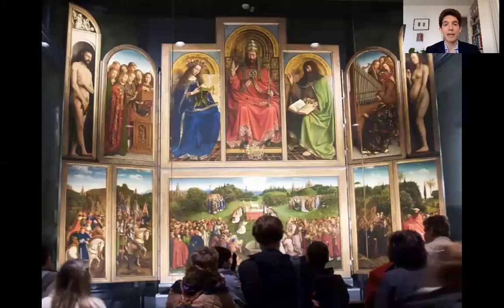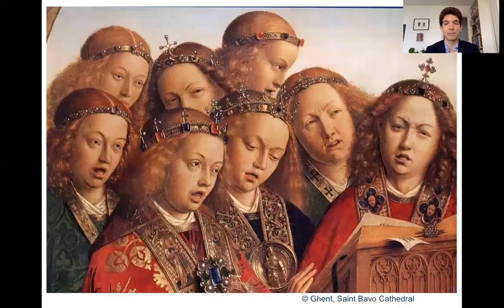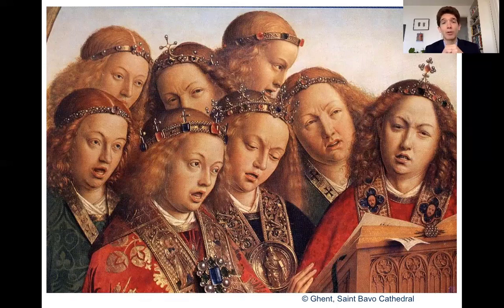As I told you, this tension between realism and symbolism is one of the most characterizing aspects of 15th century Netherlandish art. And here, for example, we have a detail from the singing angels. And probably lots of you will be surprised in seeing how deep is Van Eyck's understanding of the different expressions and feelings that characterize these people while they're singing.